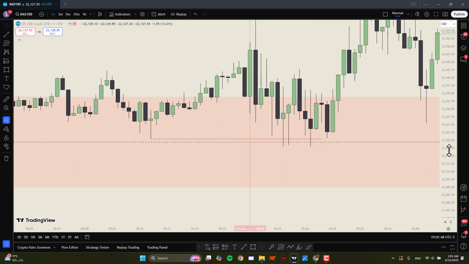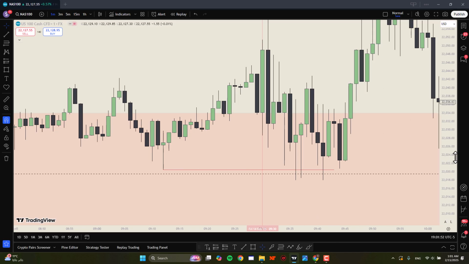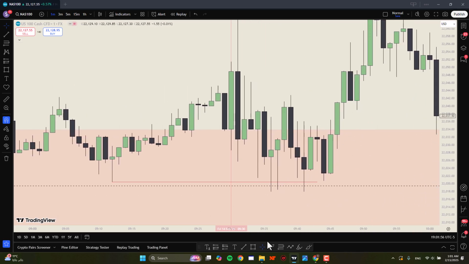This is a bit not clear here, but I put my buy stop here, right? Again, the strategy is based on the 9:30 volatility, meaning you are looking to participate in that. As you can see, not much volatility in this, although there was a valid setup, but not the best one, right? Because we want that one push to the upside or one push to the downside, the displacement.